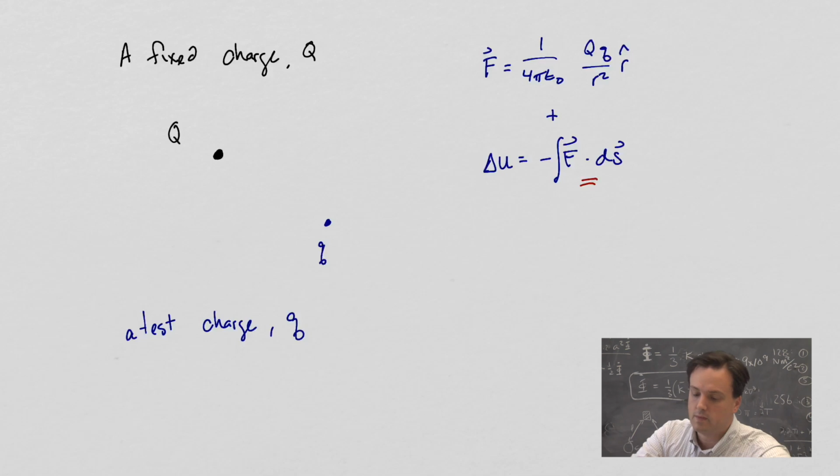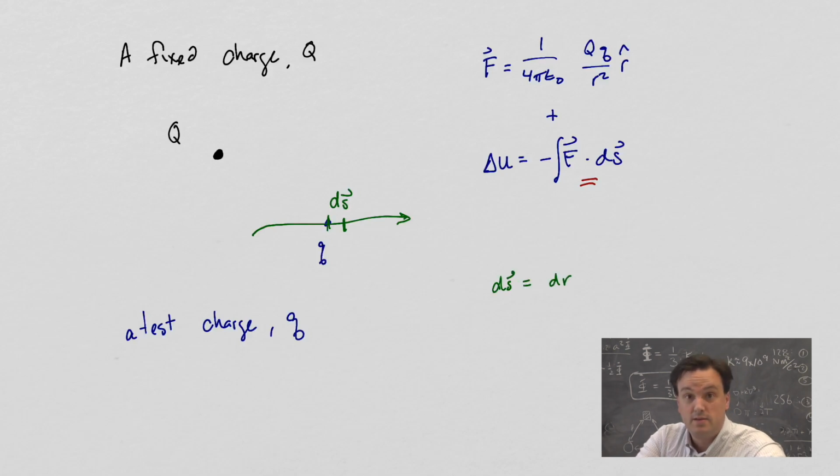To this integral. Of course, s is going to be the path that I've chosen for my charge to make, which I'm showing in green here, where some tiny bit of the path is the thing that I'm going to call ds. Well, since I've already seen that the only part of ds that's going to matter is the part in the radial direction, then I'm going to actually say, well, the only part of ds that I care about is going to be some little bit in the radial direction times r hat.